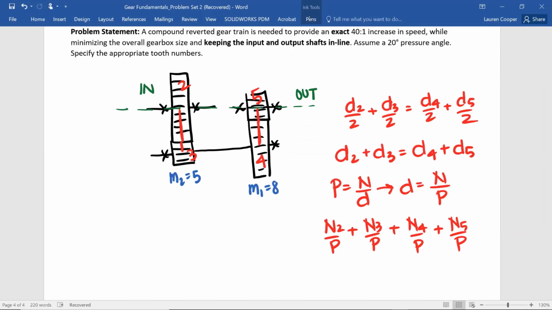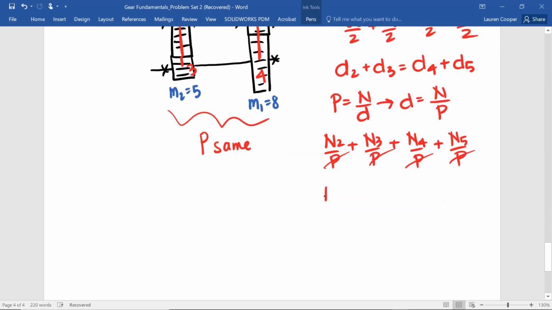But to simplify, let's just say that we're going to have one consistent diametral pitch. So P will be the same between the 2 stages. So then we can just cancel, cancel, cancel. So what we really get, N2 plus N3 equals N4 plus N5.